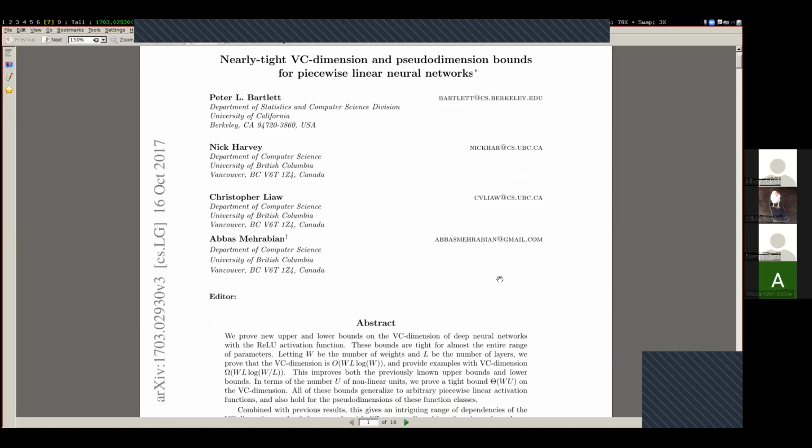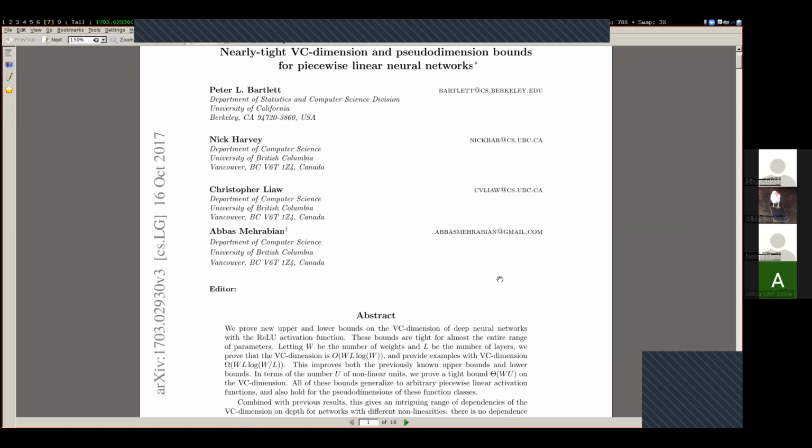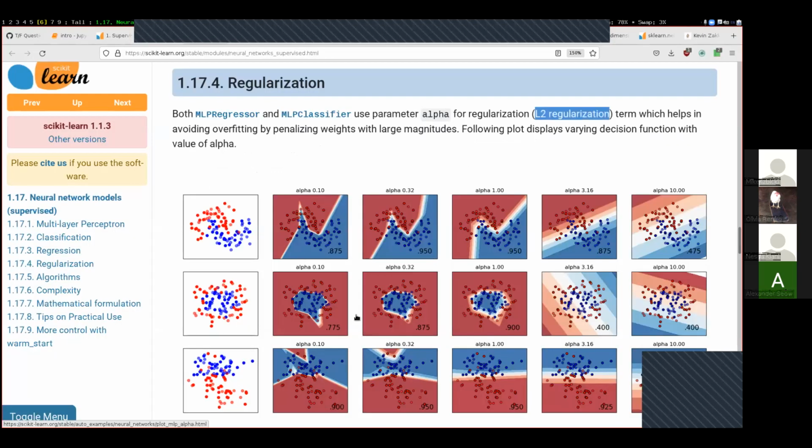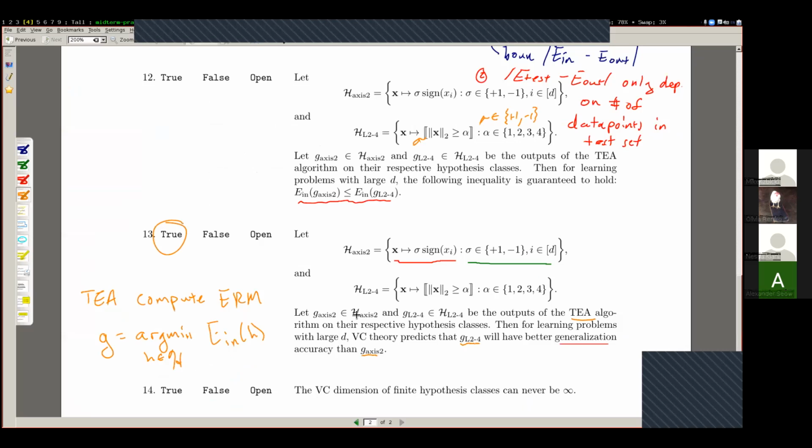Proving something like this would result in a PhD being awarded. So we're not going into proving these things, because that's a really hard thing to do. Instead, we're going into why we care about them.